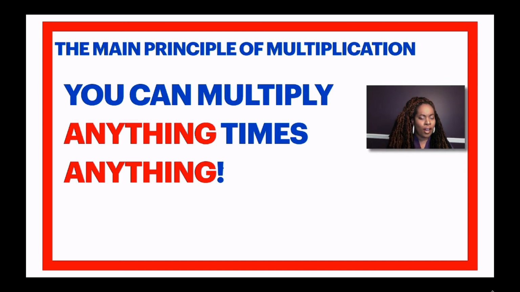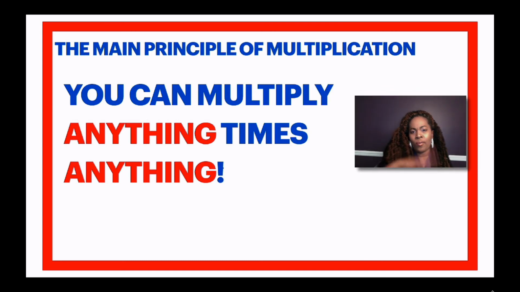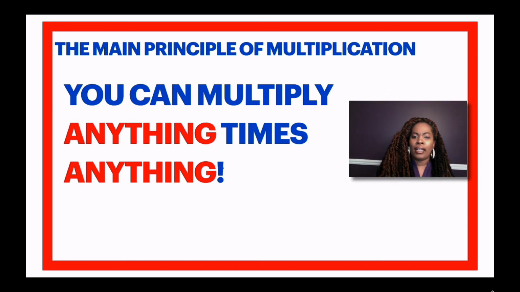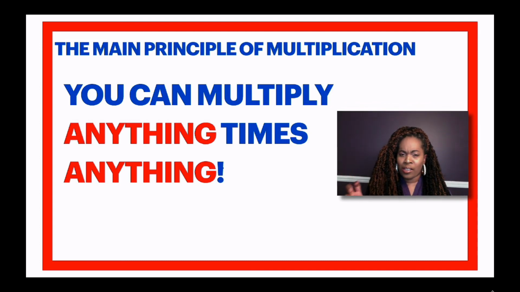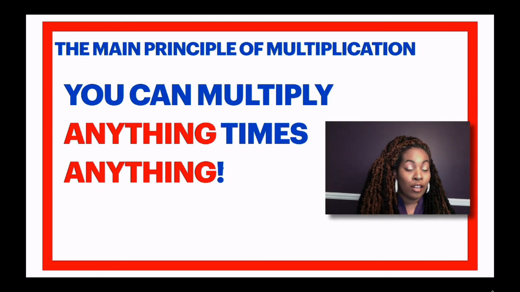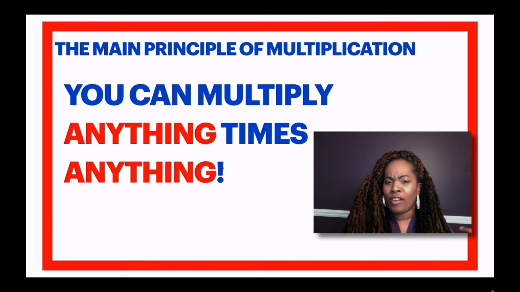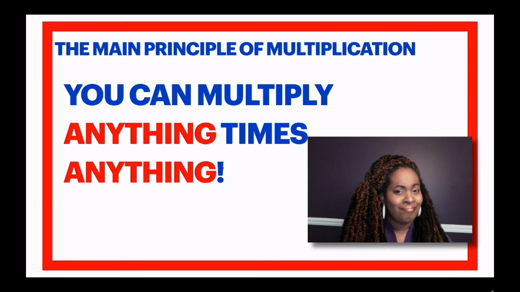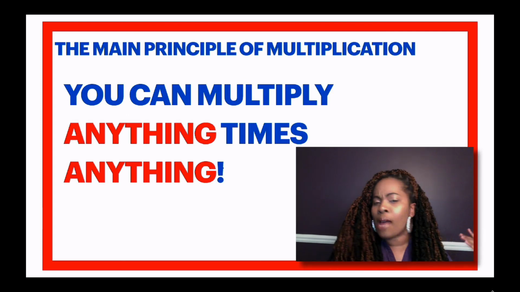All our lives we're brought up thinking we're going to start with addition because it's kind of simple. Then we move on to subtraction. But then when we're growing up, they show us that multiplication is supposed to be harder, right? It's more difficult. But that's not true when you move on to more advanced mathematics. The higher you go, multiplication is the easy stuff. Because you can multiply anything times anything.